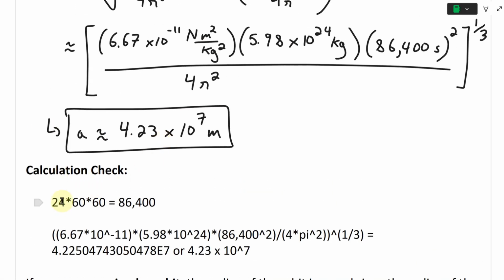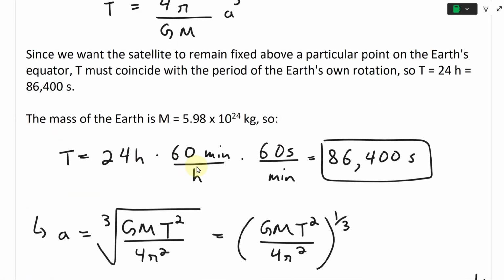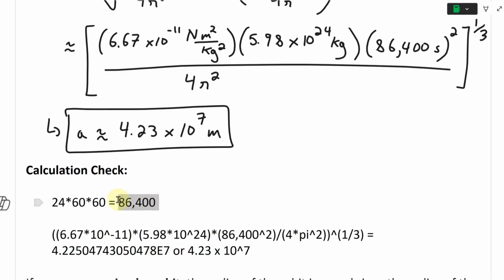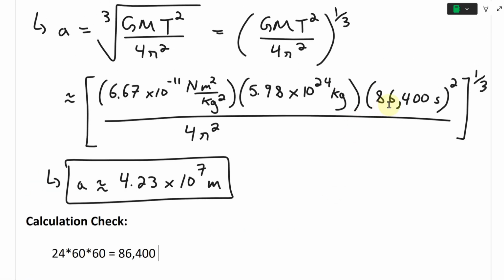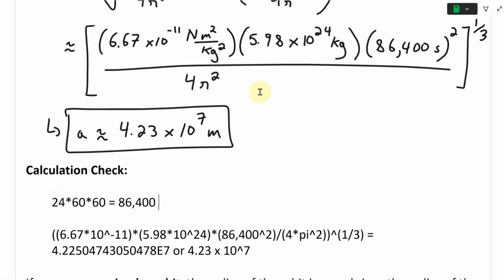So calculation check. Again, we have this part here, 24 times 60 times 60. Plug that in. This equals 86,400. And then over here, this 6.67 times 10 to the negative 11 times 5.98 times 10 to the 24 times 86,400 squared, and then all divided by 4 pi squared, and then a cube root.